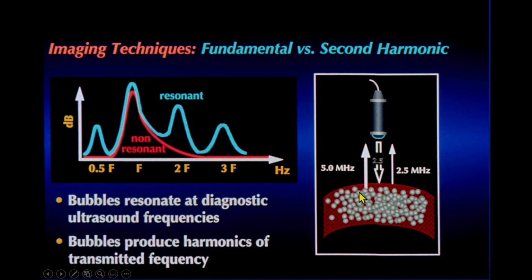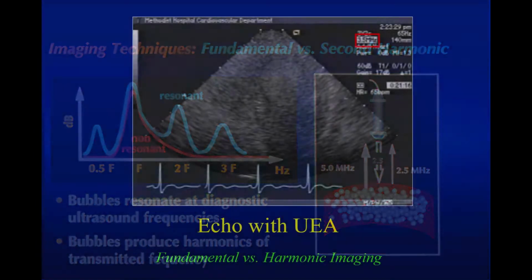So contrast agents, since these are tiny microbubbles, they resonate so much, and they emit a second frequency, or multiple of those frequencies, so that for optimal visualization of the contrast as opposed to the native images, we use harmonic imaging.